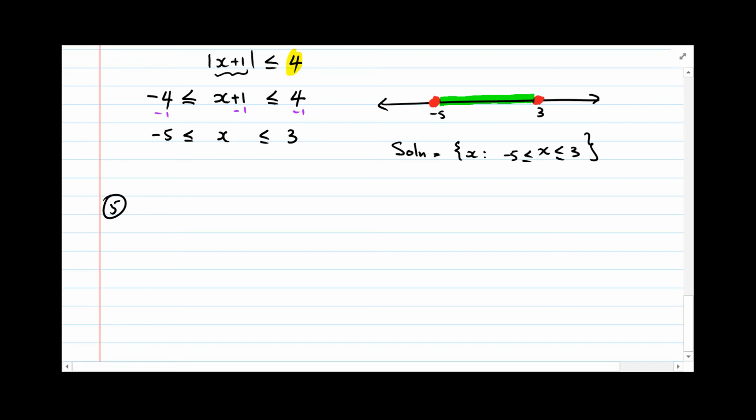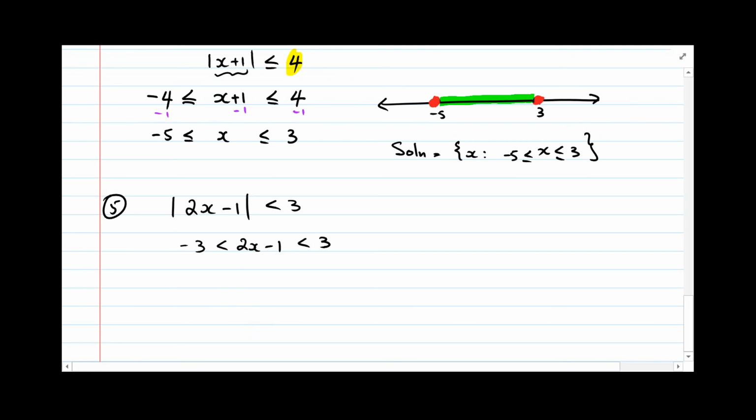Let's do another one like this. The absolute value of 2x minus 1 is less than 3. Alright, so we could simply remove the absolute value and sandwich ourselves between positive and negative 3.